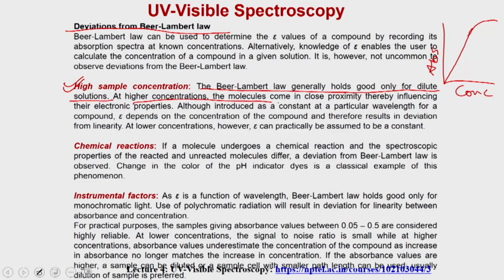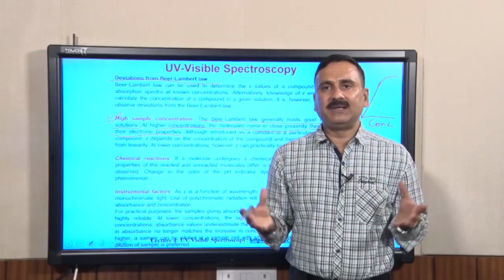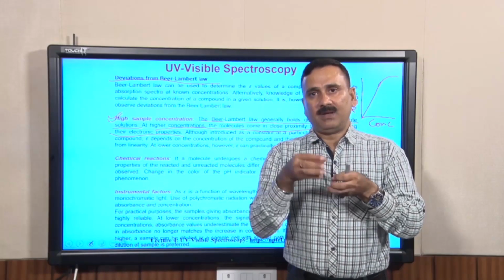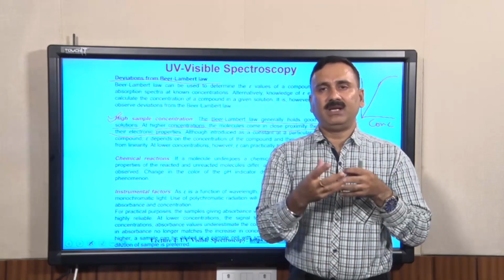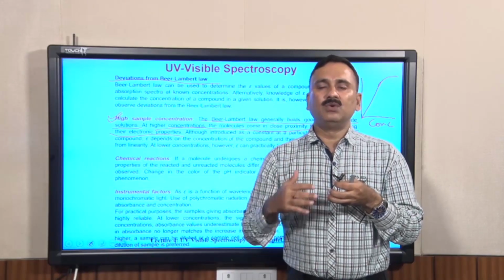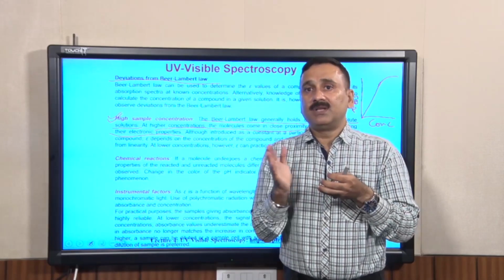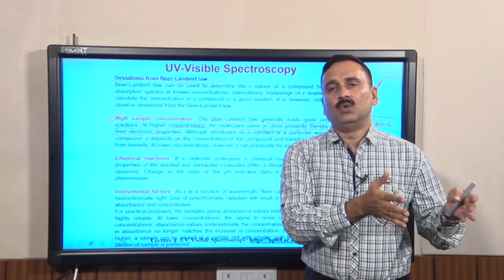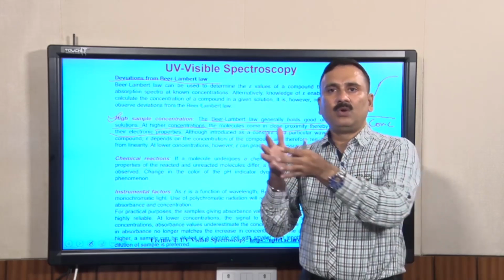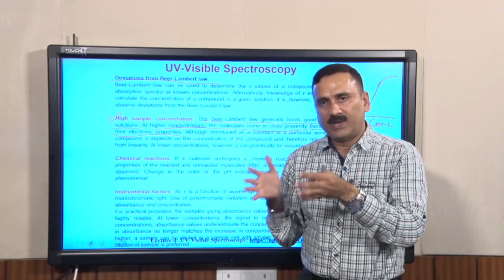At higher concentration, the molecules come in close proximity, therefore influencing their electronic properties. When you make very highly concentrated solutions, because of molecular crowding, one molecule is going to start affecting the electronic transitions in another molecule, and because of that it is going to give you very high absorbance, which is not equivalent to the Beer-Lambert law, which means it is not going to follow the A equals epsilon C l equation.